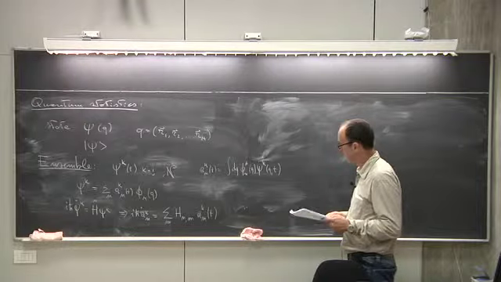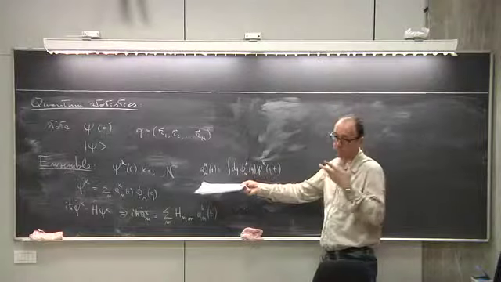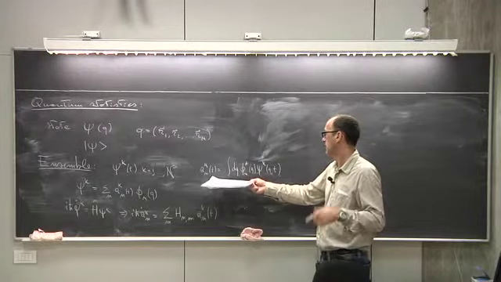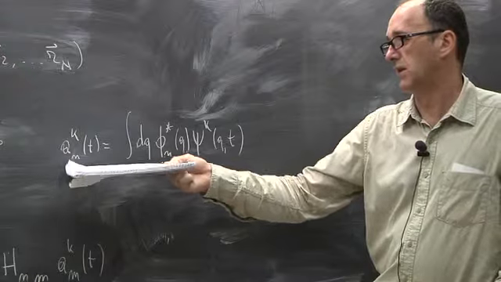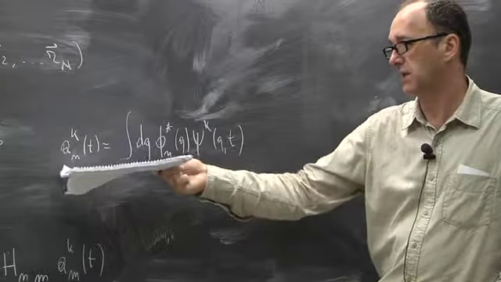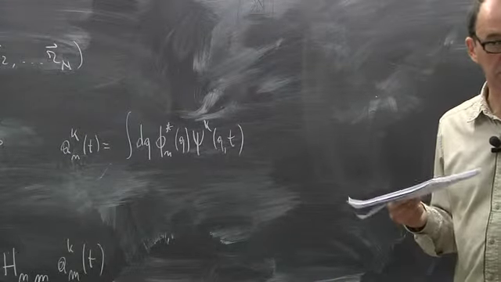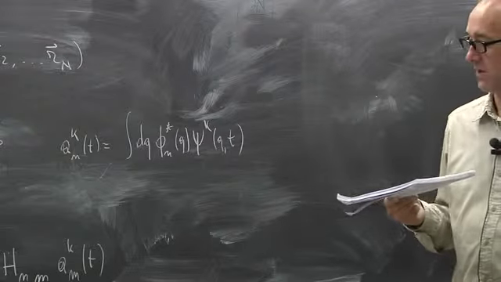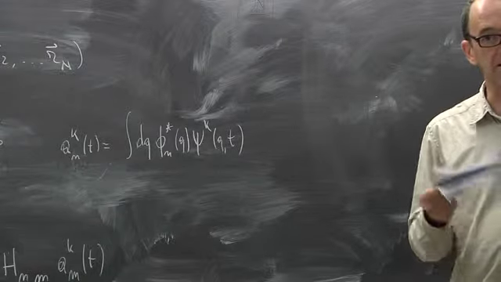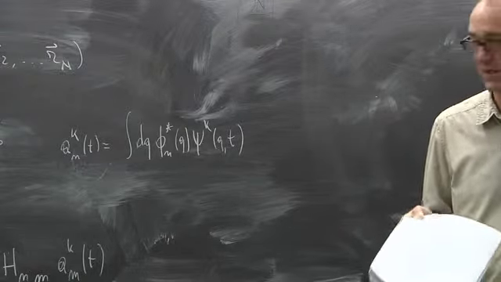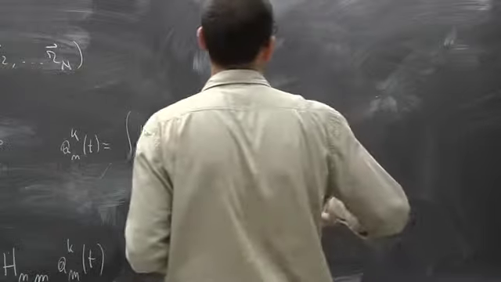Now, quantum mechanically, you can think of these coefficients as the probability amplitude. So the modulus square of this object is the probability that if I look at the point k of the ensemble at time t, it will be in state n. Now I am interested in averages over the whole ensemble. So it is convenient to introduce the density matrix.